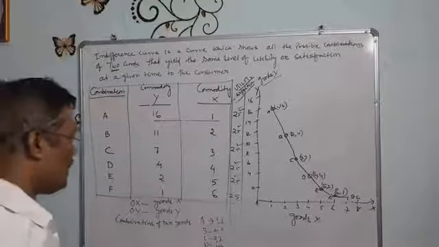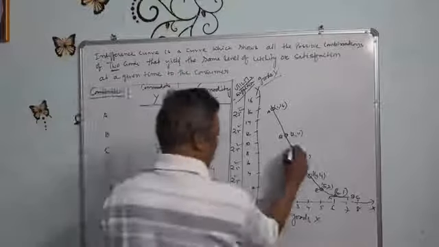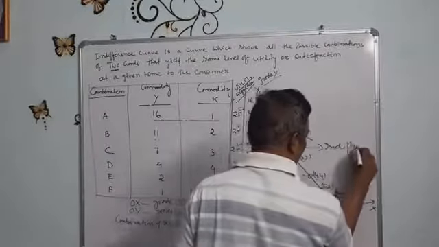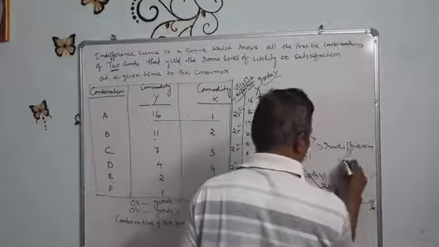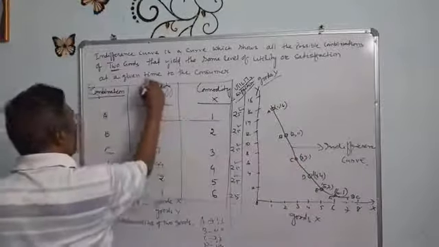Now it is clear what is the indifference curve and what is the indifference schedule. This is called the indifference curve, and this table is called the indifference schedule.